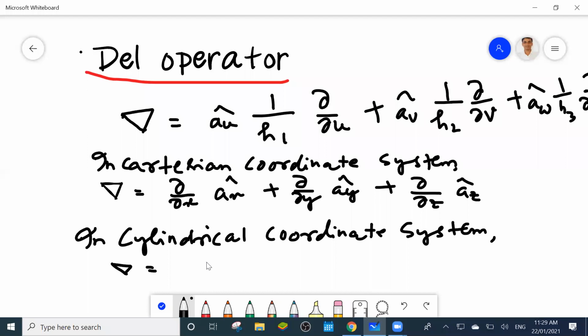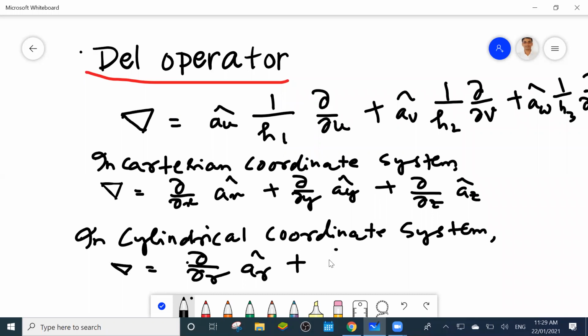Del by del r, ar cap, plus 1 by r, del by del phi, a phi cap.